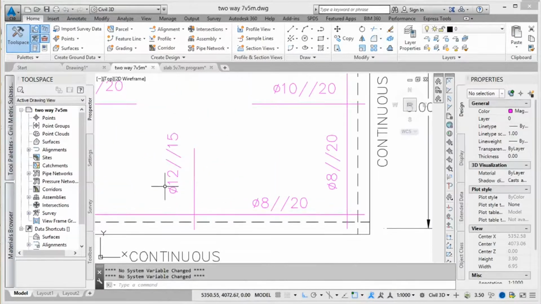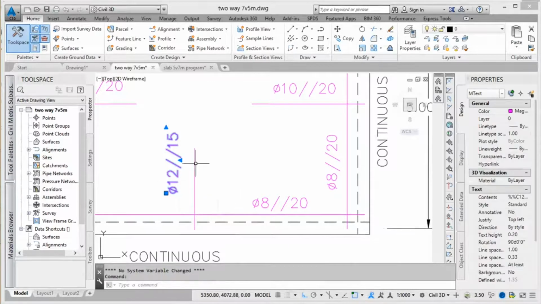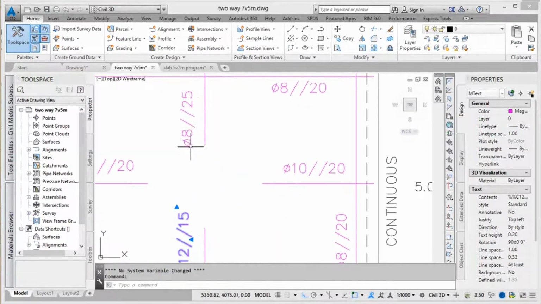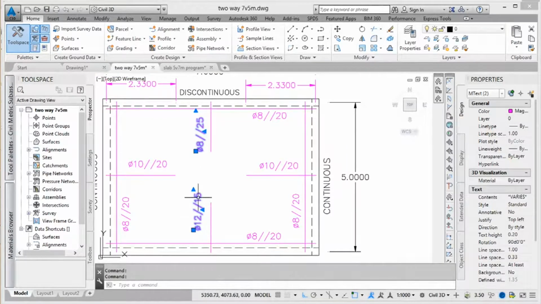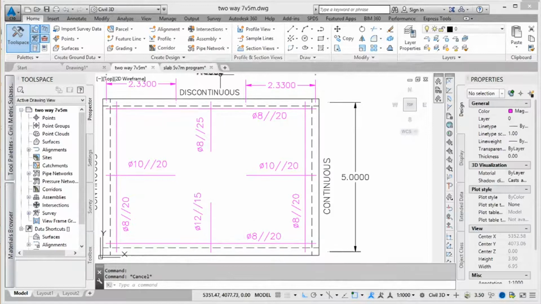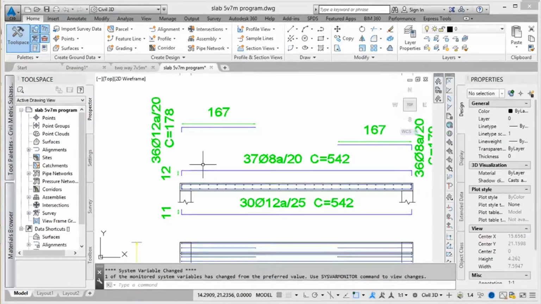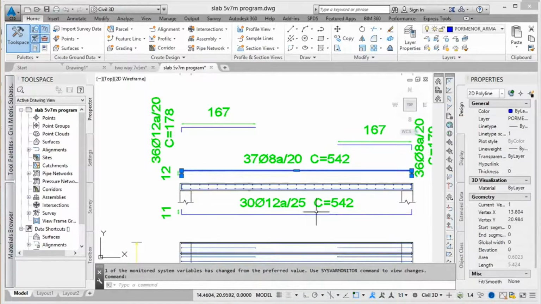So when we look at our calculation, in the shorter side we have 12 spaced by 15 on one side, and we consider in the other corner a diameter of 8 spaced by 25. So look here, 12 spaced by 15. What happened in the program is, since you add this extra bar always to protect against other types of combinations that can be the wind or something, this is affected here.